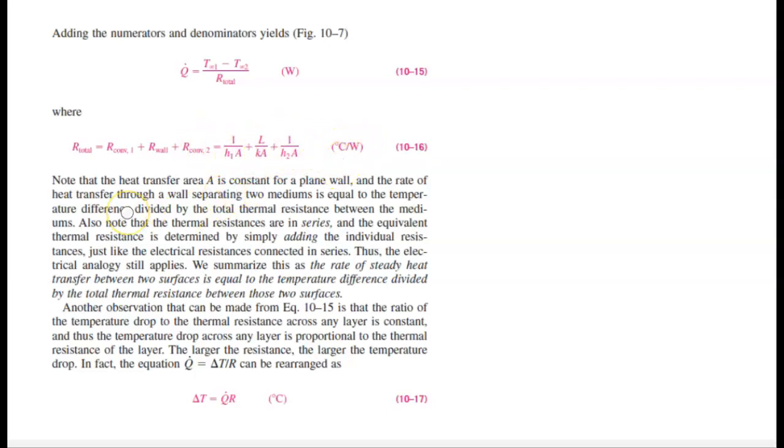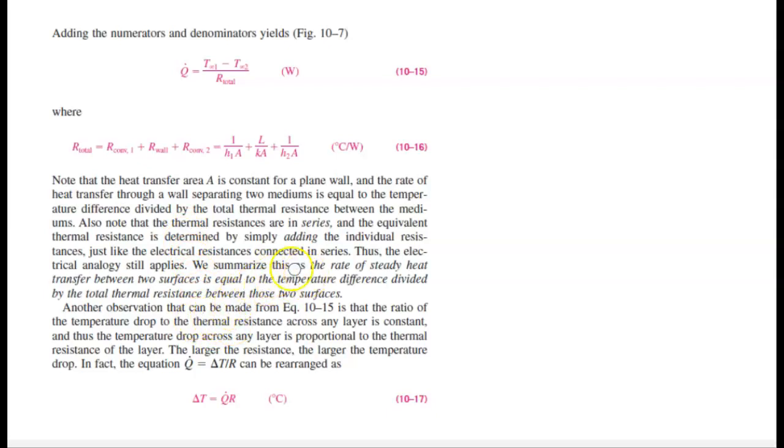Now, the heat transfer area is constant for a plane wall because the wall is not changing in dimension. The rate of heat transferred through the wall separating two media should be equal to the change in the temperature, and it should depend on the thermal resistivity and thermal conductivity between the media.